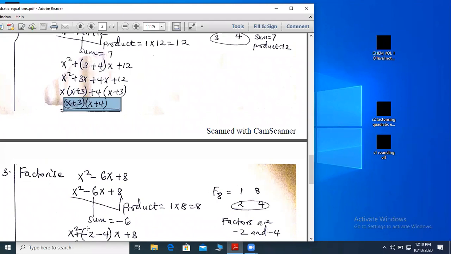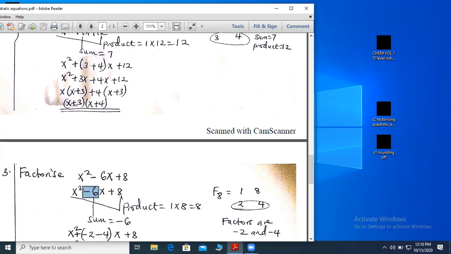So we put those numbers, negative 2 and negative 4, where there is negative 6. Where there is negative 6 now, I'm going to put those two numbers, which when you multiply them, you get 8, and when you add them, you get negative 6. And those two numbers are negative 2 and negative 4. A positive followed by a negative is a negative.